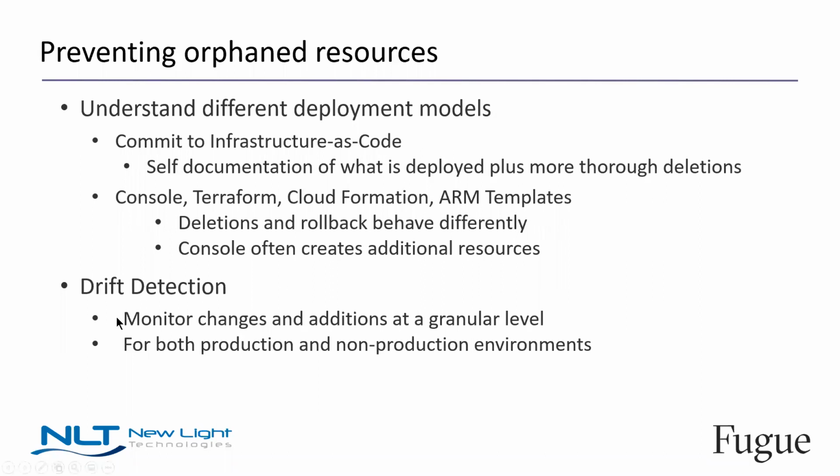Drift detection, and this is obviously an area where Fugue is fantastic, is keeping track of what's being deployed is really important to understanding what ultimately needs to be removed. So we have config set up so that each night I get an email of a summary of changes for each account, assuming something's changed.